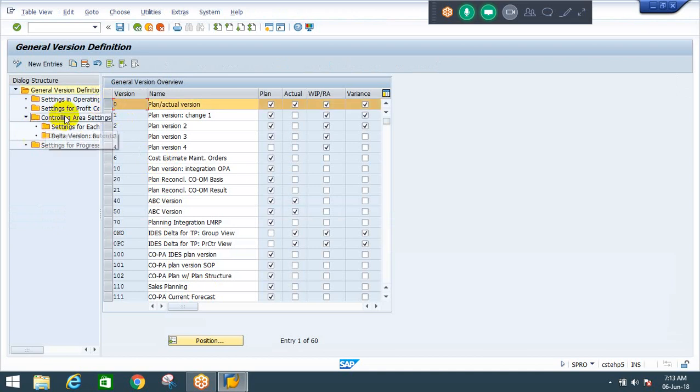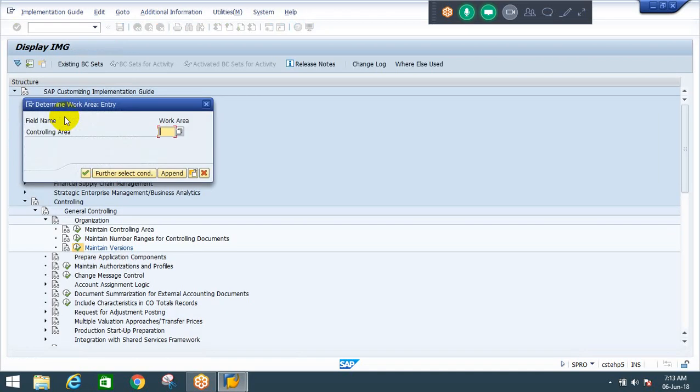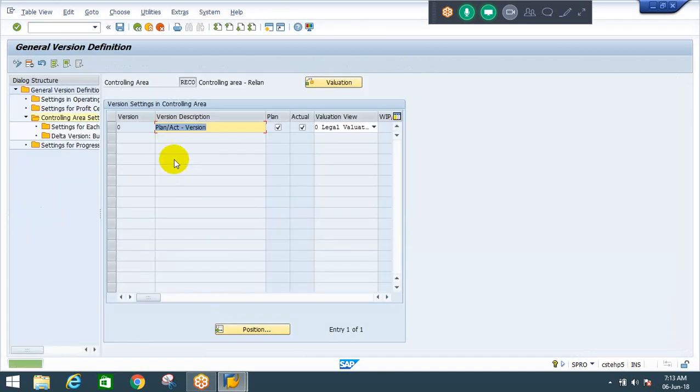Zero version and controlling area settings. Controlling area is RECO. Okay, RECO.